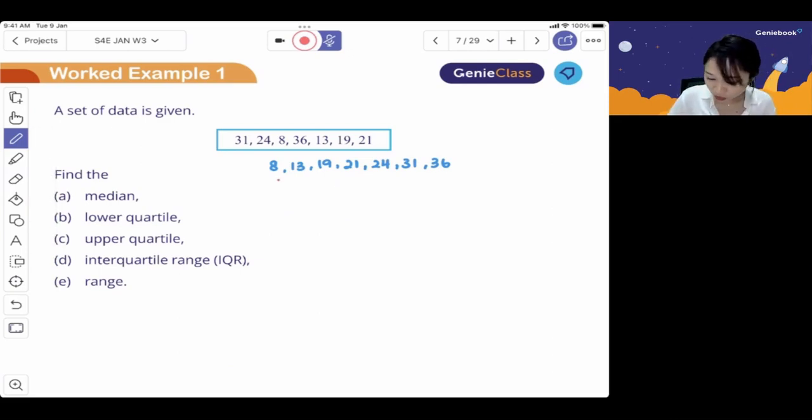I have 1, 2, 3, 4, 5, 6, 7 individual pieces of data. Which one will be the middle piece? If I have 7, one way I can do it is to take 7 divided by 2. That will give me 3.5. So 1, 2, 3, and the one after that. So this will be my median.